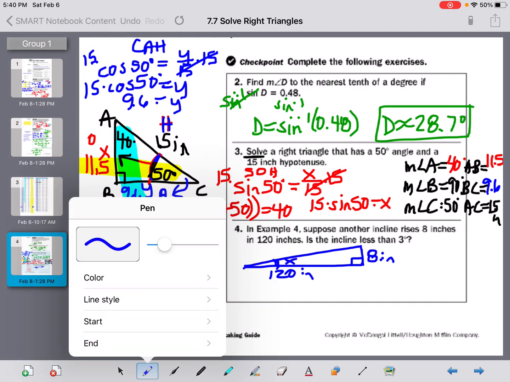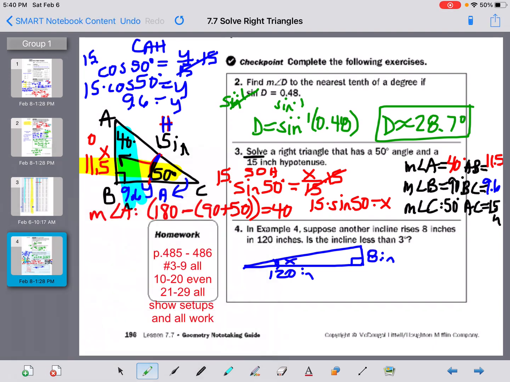Okay. So from my angle that I'm looking for, I know this one that is opposite, and my hypotenuse is here, it's unmarked. And the leg that's touching is the adjacent. Okay, O and A. TOA. TOA is a tangent. Tangent of my angle X equals my opposite, which is 8, over my adjacent, which is 120.